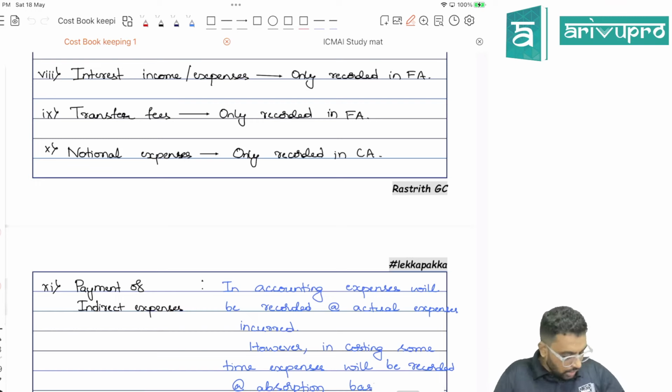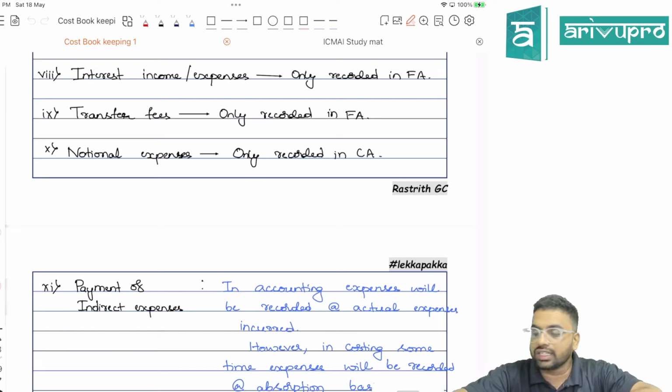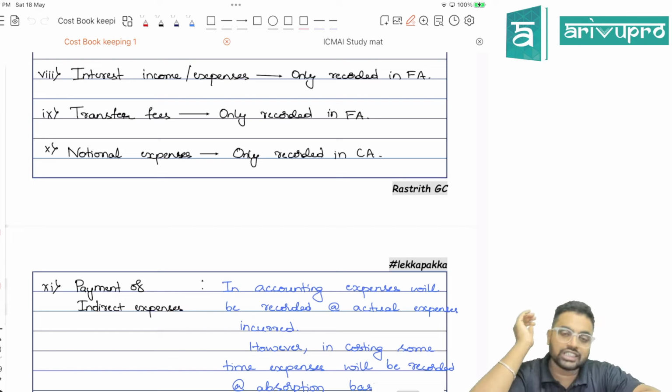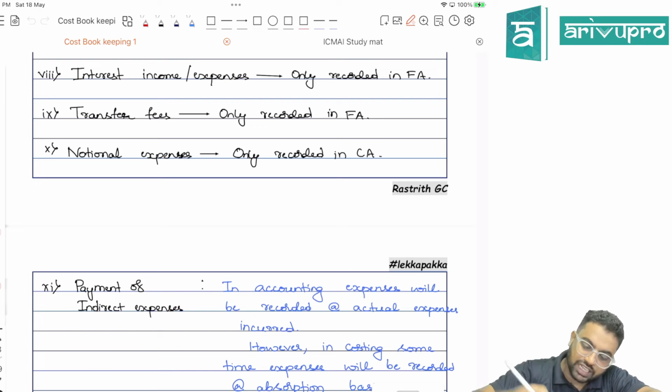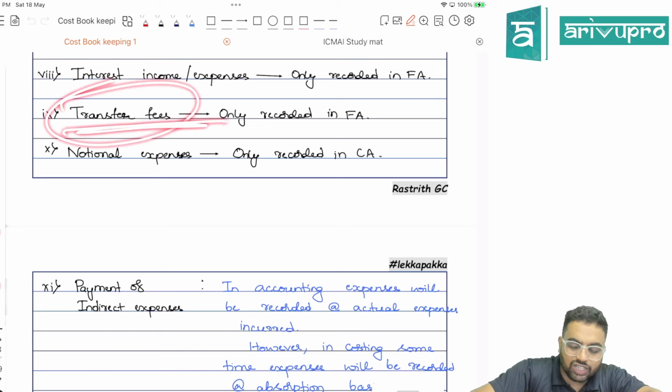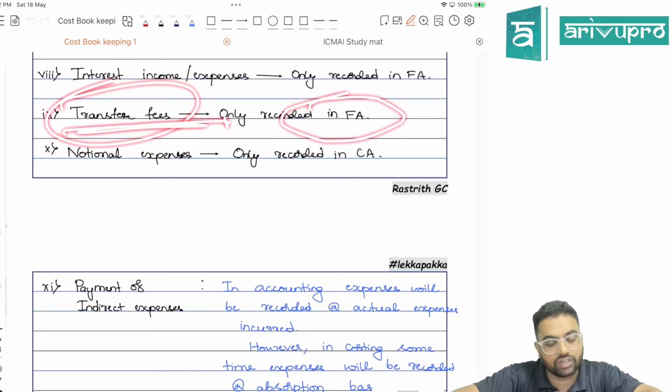What you should do is put an application to the company asking, boss, please change the name of the shareholder. Will the company do it for free? The answer is of course no. They will charge certain fees, and that is nothing but a transfer fee. This is also not at all related to cost accounting, so it will only be recorded in the financial accounting.